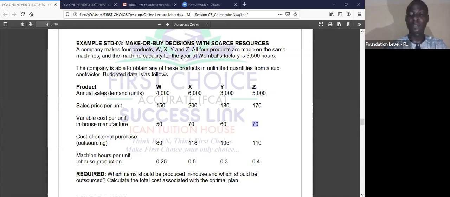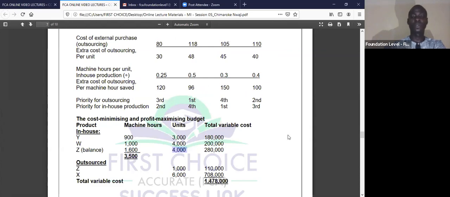Multiplied by 70. That gives me 280,000. So you see, that's the same 280,000 I see here. That's fine.